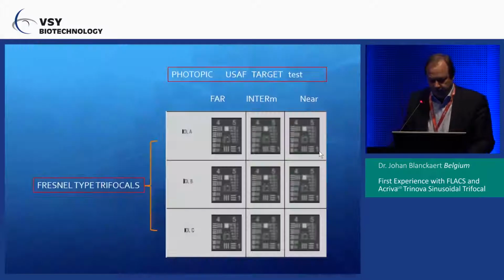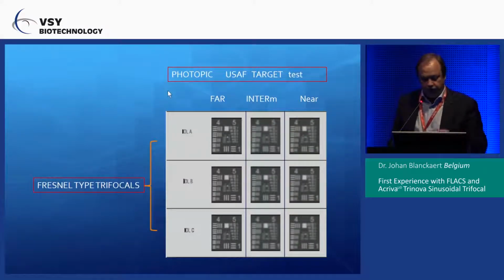If we go to the US Air Force target tests, then it's really important that you have a difference between the Fresnel types and the new one. In photopic, we have all seen that those far, intermediate, and near vision US Air Force targets are quite good.